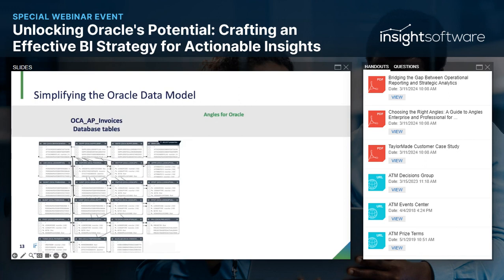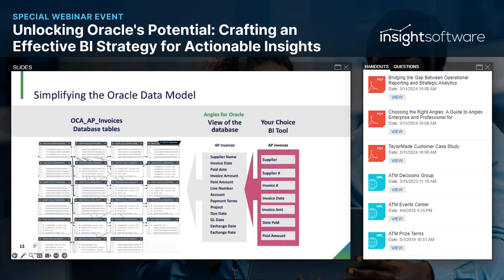In this slide, we're going to take a look at the way it does the exact same thing for OCA. So again, this slide is similar, depicts the Oracle Cloud ERP database schema or Oracle Cloud Applications, OCA. While Angles Enterprise supports EBS, it also supports Oracle Cloud ERP and even hybrid architectures for those that have multiple instances of Oracle on-prem and in the cloud.